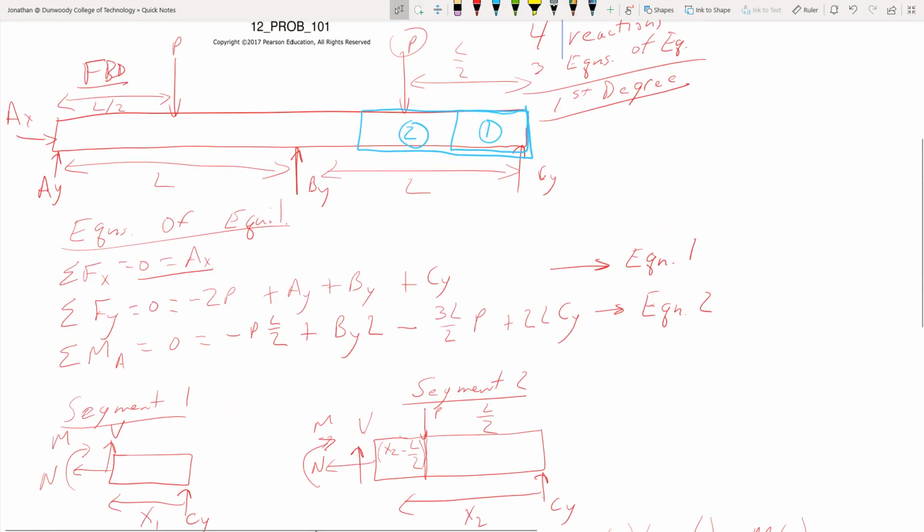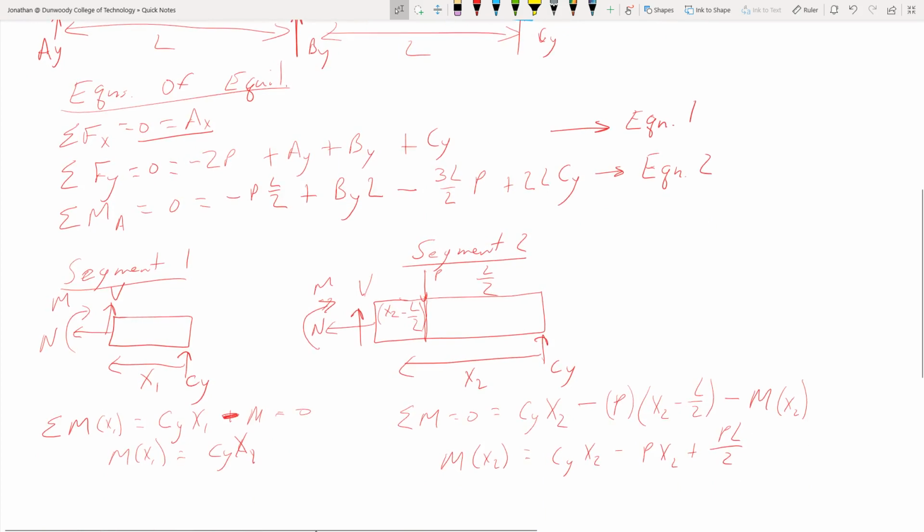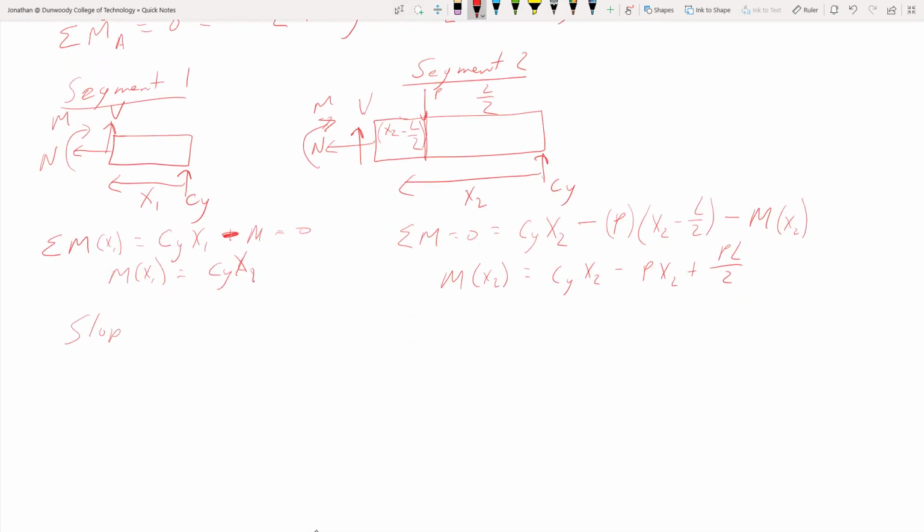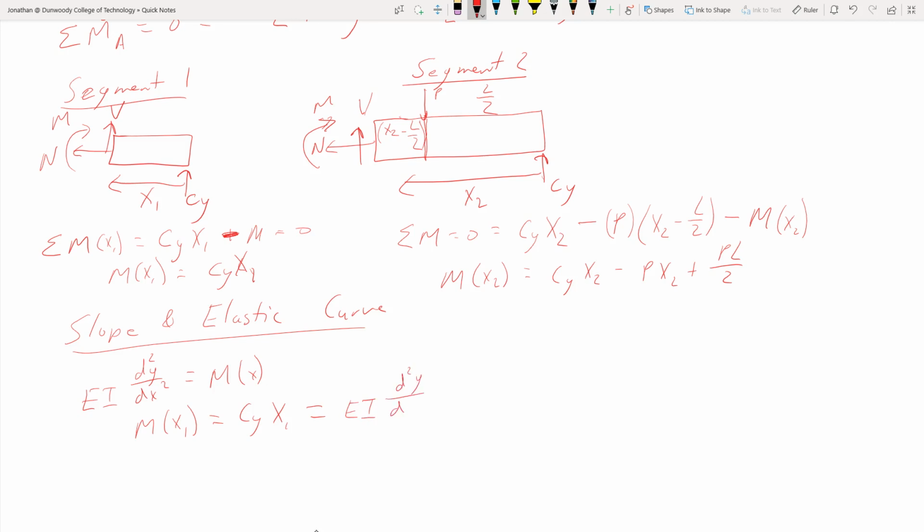So now, using our slope and our elastic curve, we can do our equations here. We know that EI times the second derivative of y with respect to x is going to be our moment as a function of x. All right, so filling those in, Cy x1 equals EI d2y over dx squared.